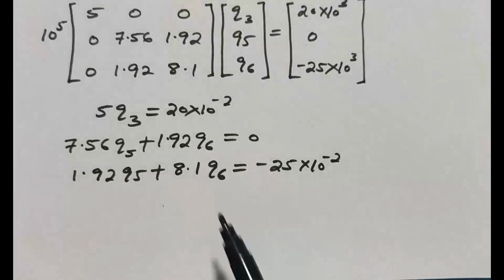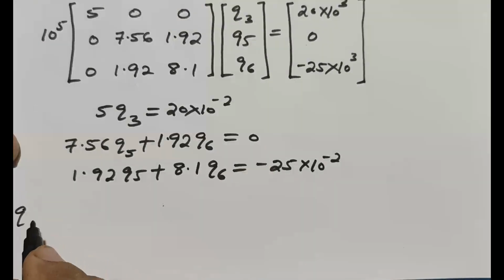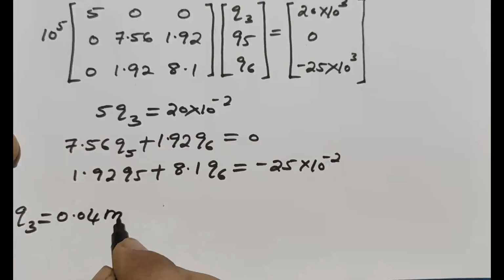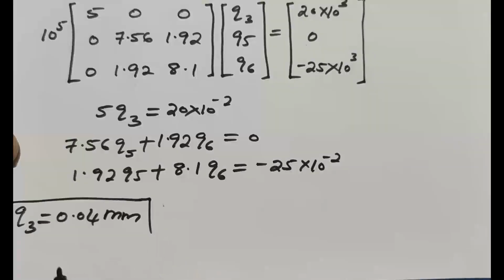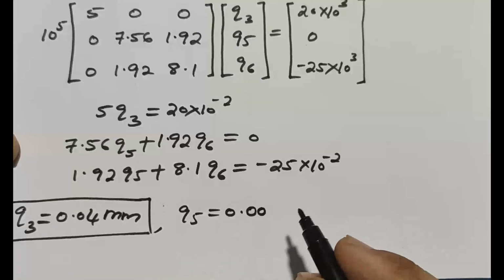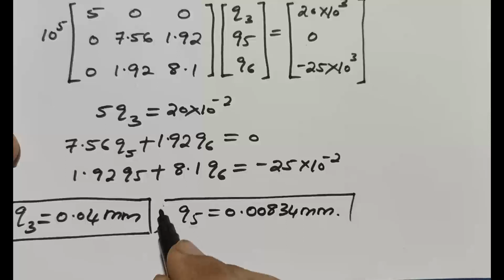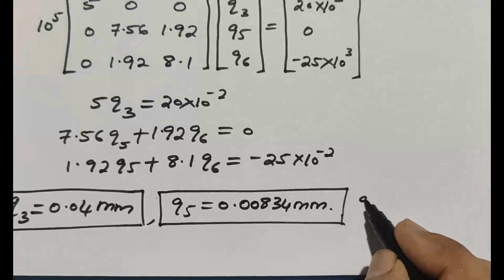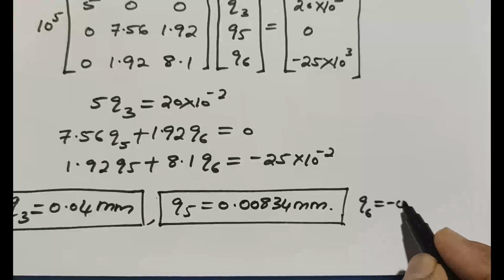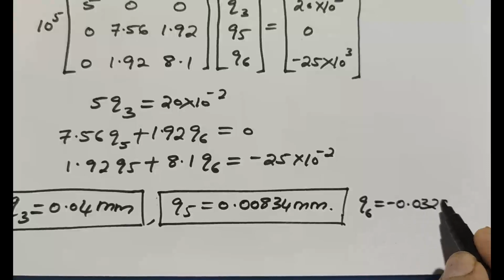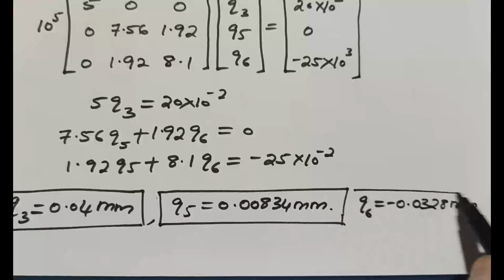If we solve the above three equations, we will get Q3 is equal to 0.04 mm. Next, Q5 is equal to 0.00834 mm. And Q6 is equal to minus 0.0328 mm.